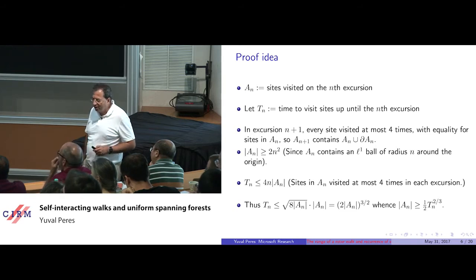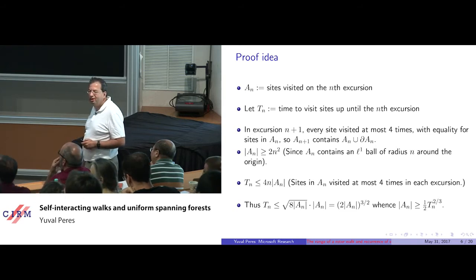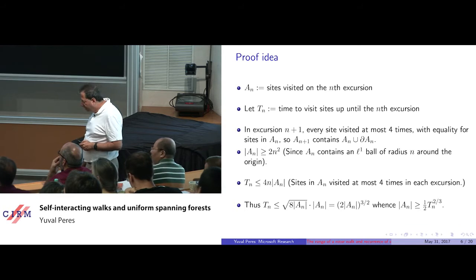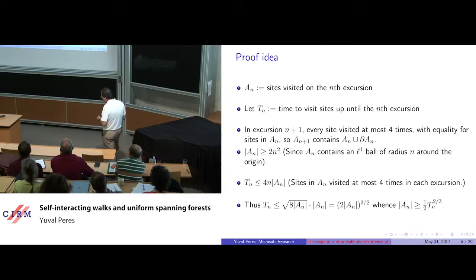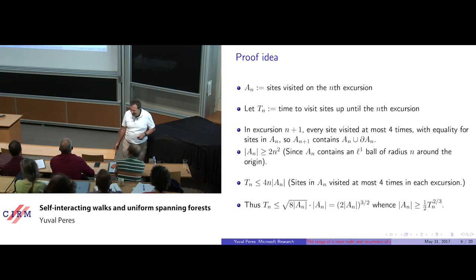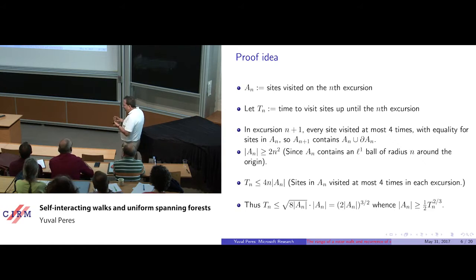So is it obvious that A_{n+1} contains A_n? Not completely obvious, but yes, it's obvious. So again, the reason is, suppose you have a neighbor of the origin with an edge pointing towards the origin.